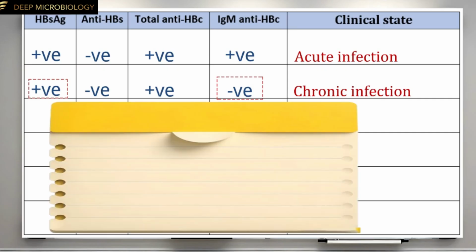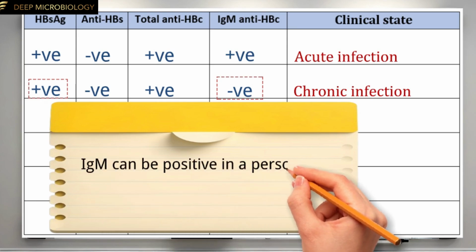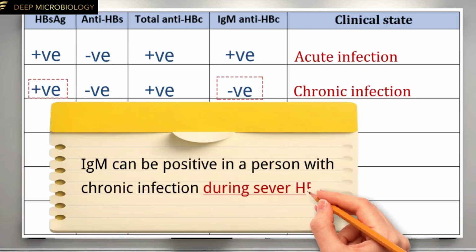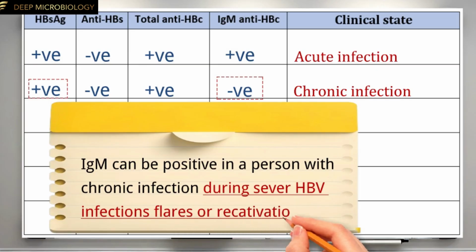While negative IgM anti-HBc usually indicates chronic hepatitis B, IgM can become positive in chronic infections during severe disease flares or reactivation. In such cases, the presence of IgM does not necessarily indicate a new acute infection, but rather an active flare of a chronic infection.